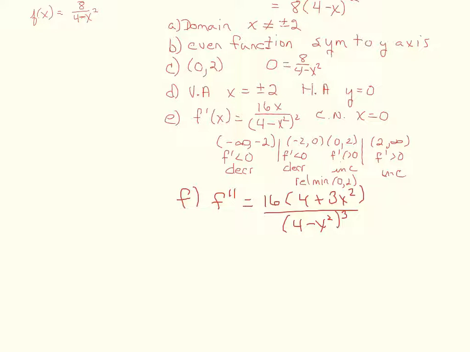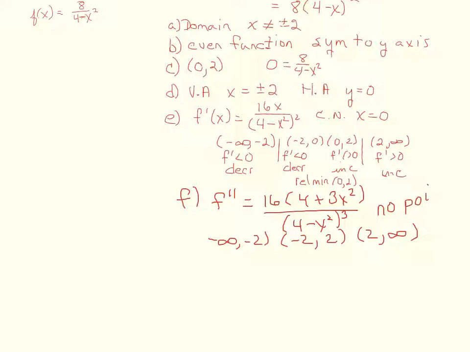If I were there, we'd actually go over it, but you can figure that out for yourself. The second derivative cannot be 0, so there are no possible points of inflection, but we still need to check intervals. We're going to check from -infinity to -2, from -2 to 2, and from 2 to infinity.